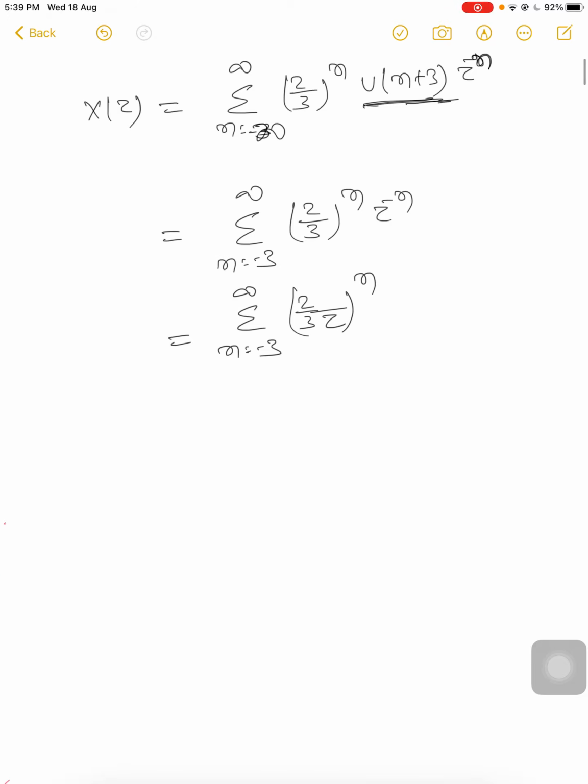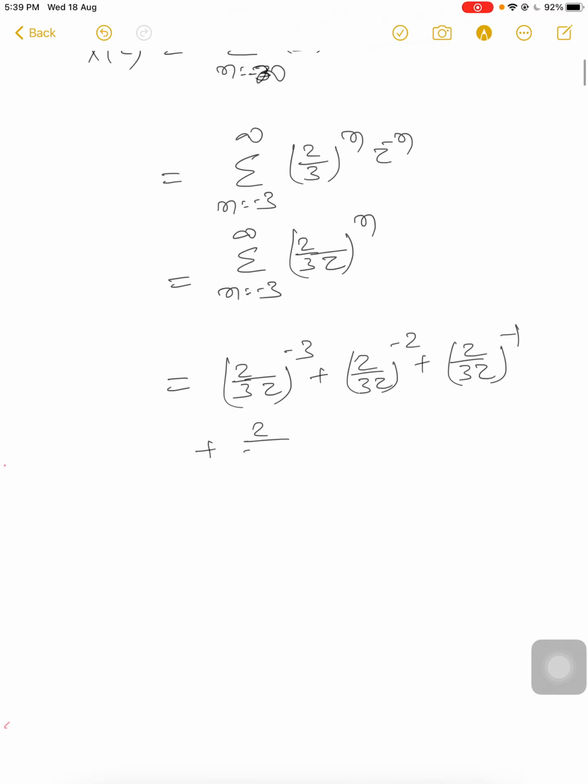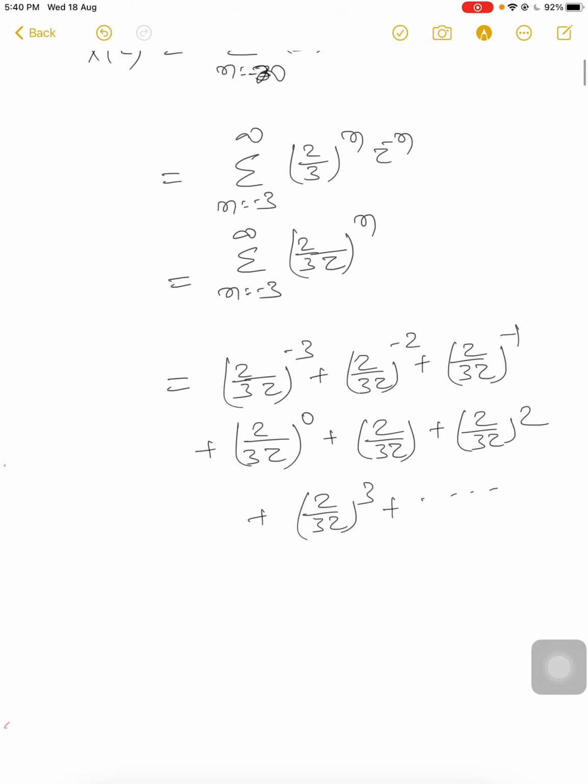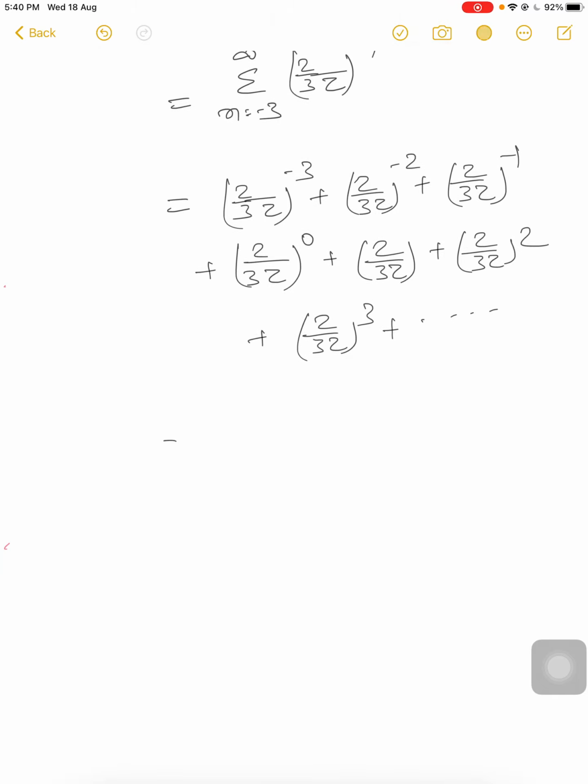Now we can write it as (2/3)^(-3) z^3 plus (2/3)^(-2) z^2 plus (2/3)^(-1) z plus (2/3)^0 plus (2/3) z^(-1) plus (2/3)^2 z^(-2) plus (2/3)^3 z^(-3) and so on up to infinity.